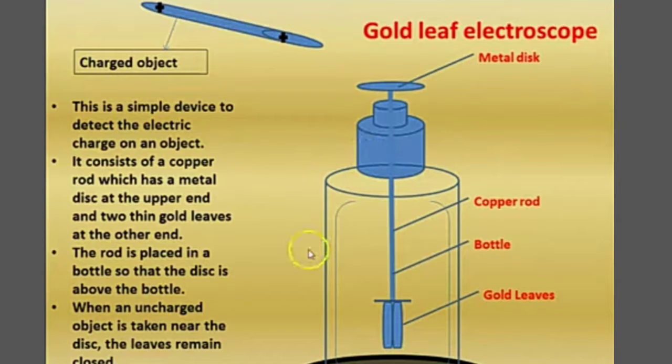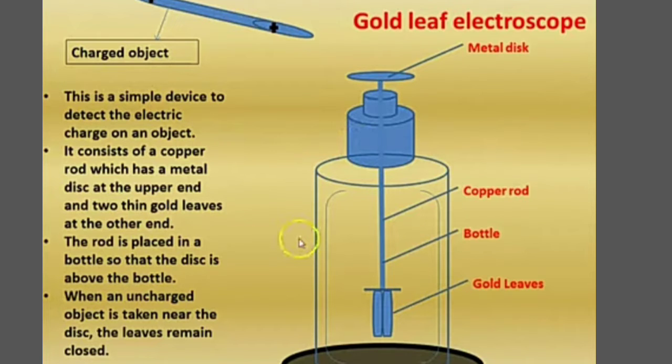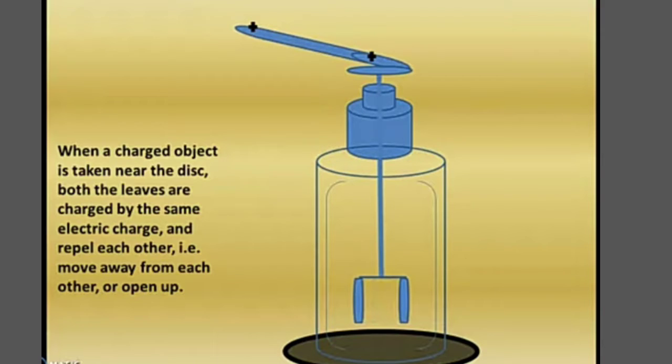When an uncharged object is taken near the disc, the leaves remain closed. When a charged object is taken near the disc, both the leaves are charged by the same electric charge and repel each other.